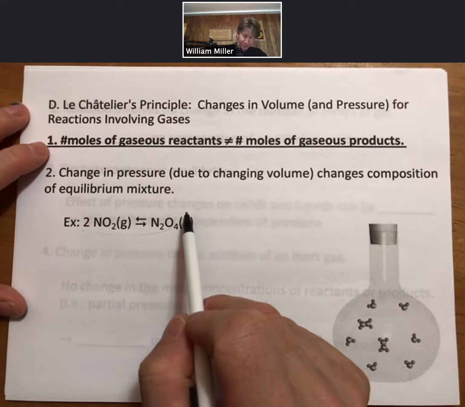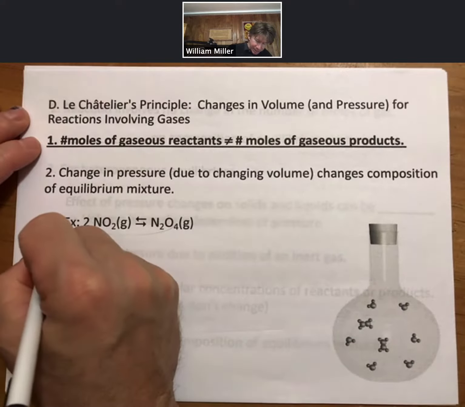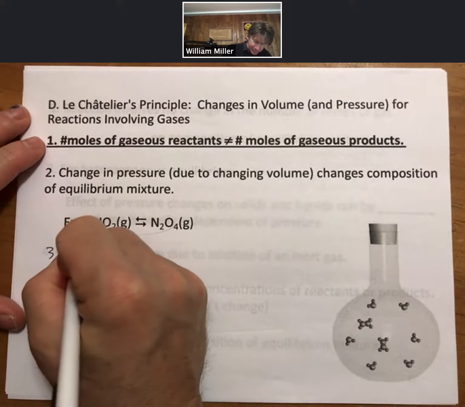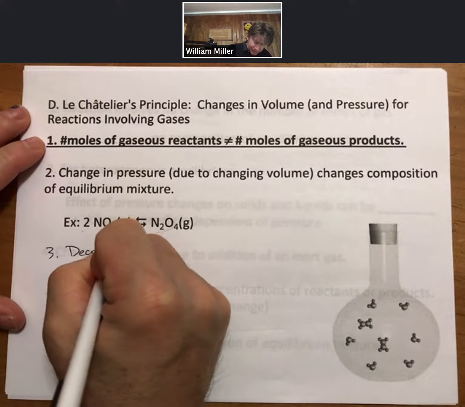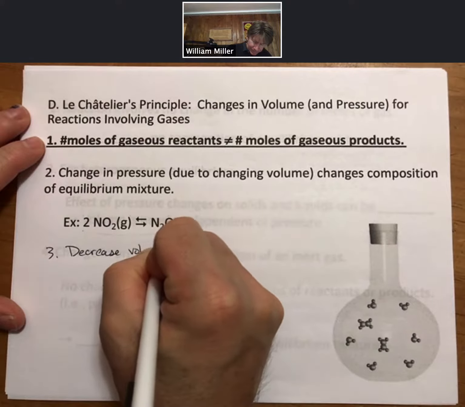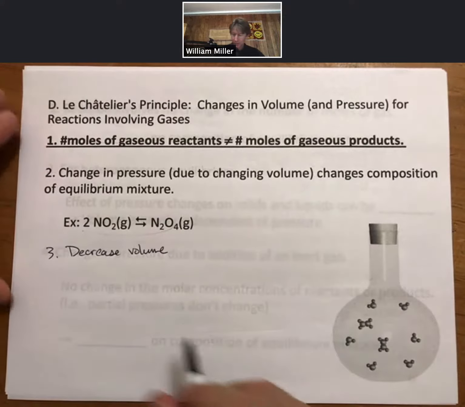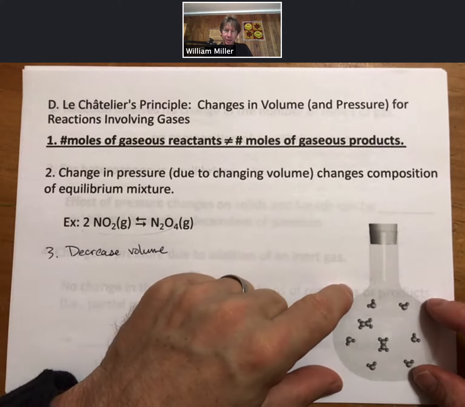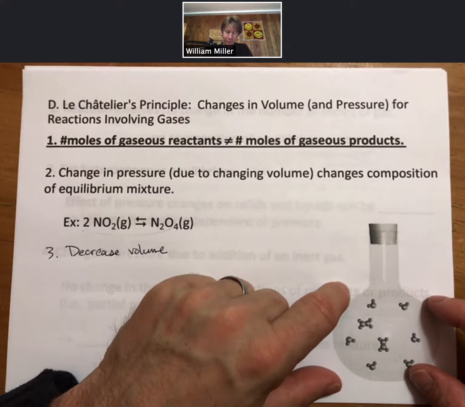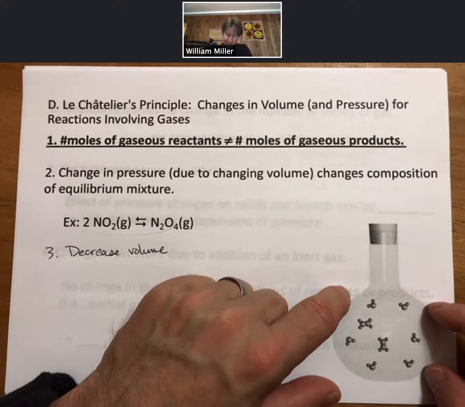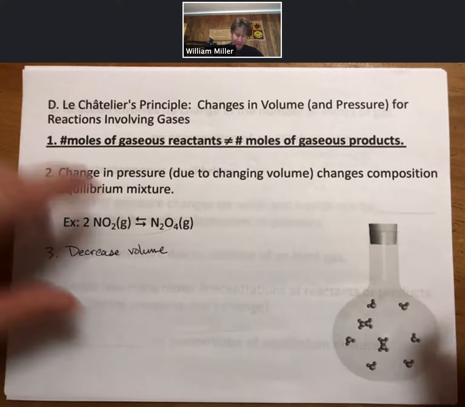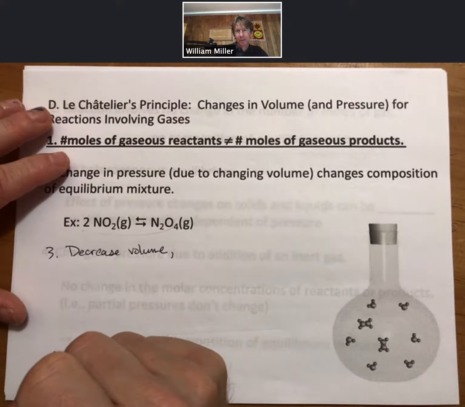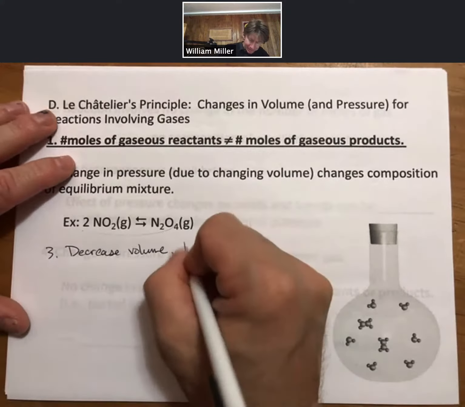So for example, if we were to decrease volume, and we've got a picture of a beaker over here, and I'll run a video in a minute, if we decrease the volume, that increases the partial pressures of all gases.